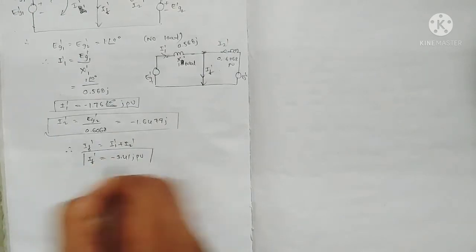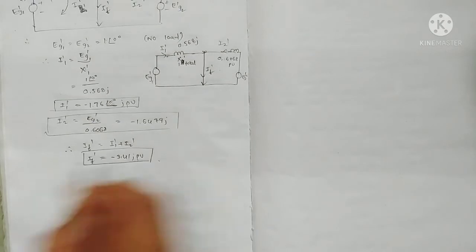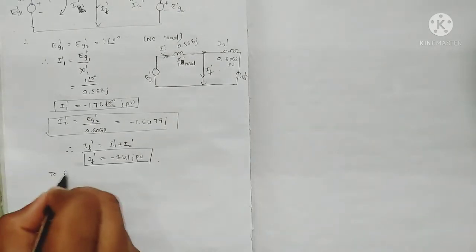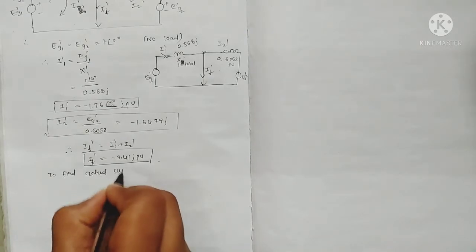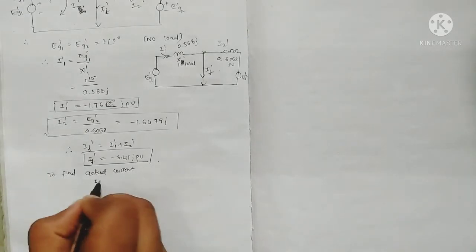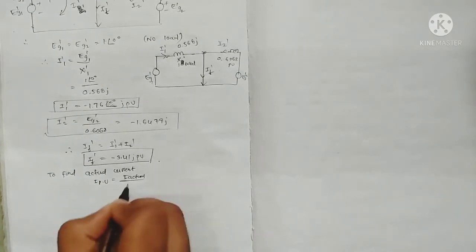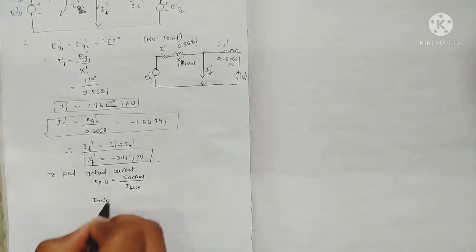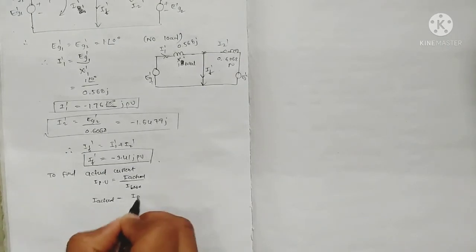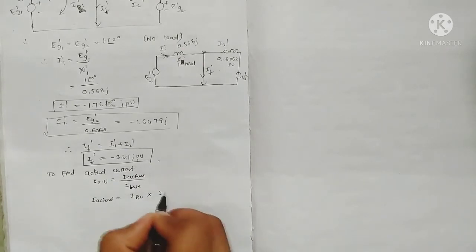Since this is in pu, but we need the actual current, to find the actual current, we know I pu is equal to I actual divided by I base. Therefore I actual is equal to I pu, which we just calculated, multiplied by I base.